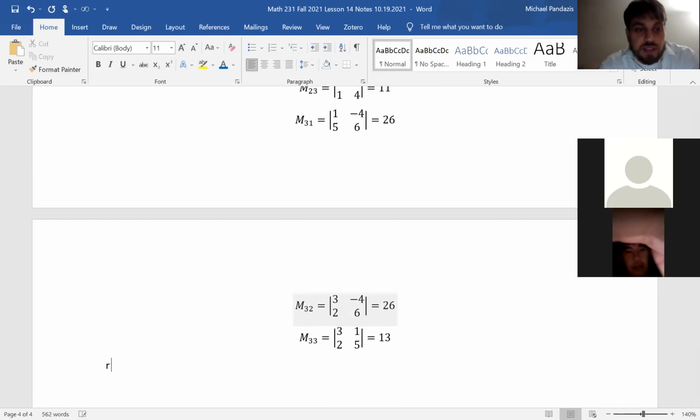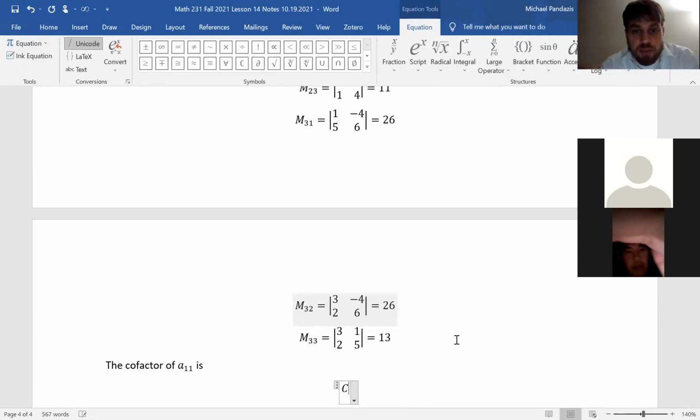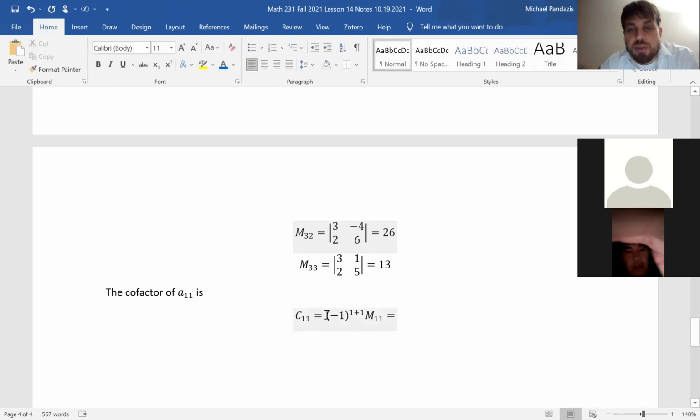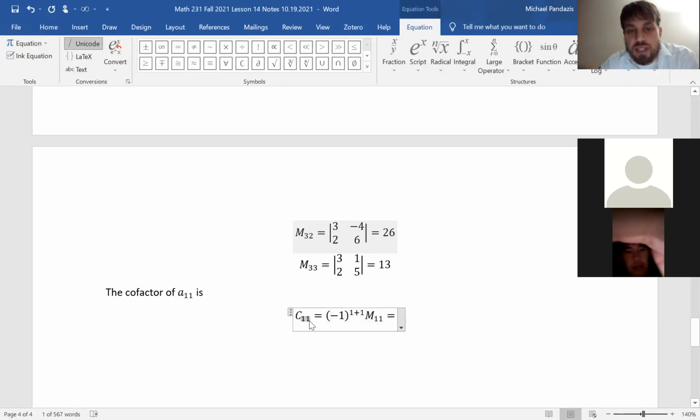Okay, so the cofactor of the entry A11 is notated C11, and it's equal to negative 1 raised to the 1 plus 1 power, where the 1s are coming from the indices, multiplied by M sub 1,1. So negative 1 to that sum is negative 1 squared, which is 1.